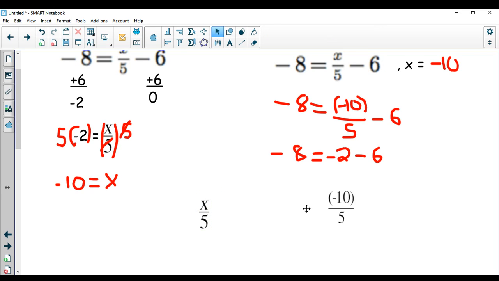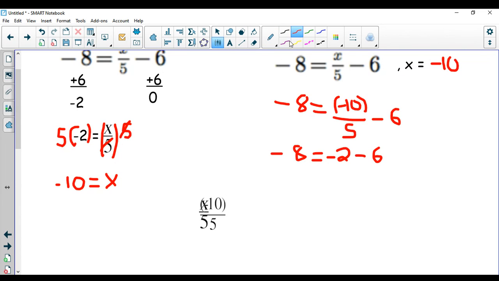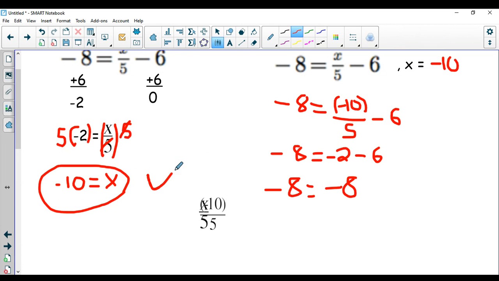I'm just going to move these things because I don't need them. Or I could look at that as -2 plus -6. That seems a little simpler for myself. -8 equals -2 plus -6, also -8. My verification tells me that my solution for my equation is correct.